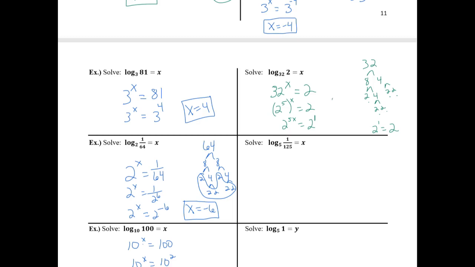I set their exponents equal. So 5x must equal 1. And then we have to solve for x. And x equals 1/5. Again, you could plug this back in and check it. Make sure it works.